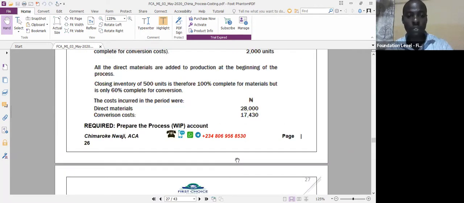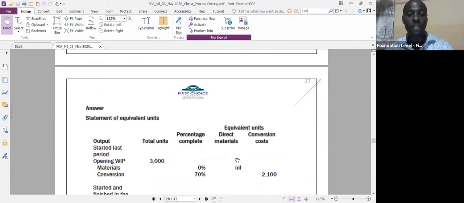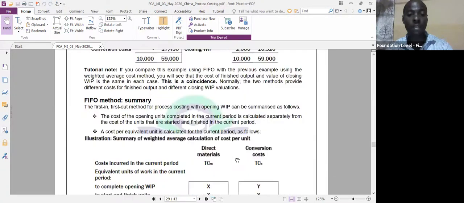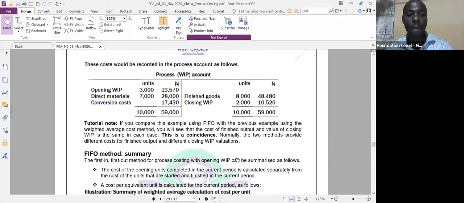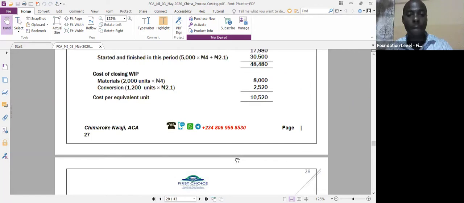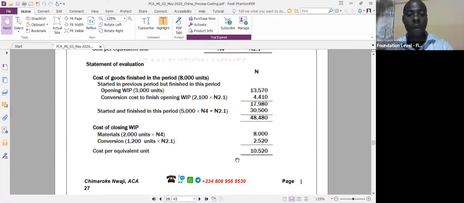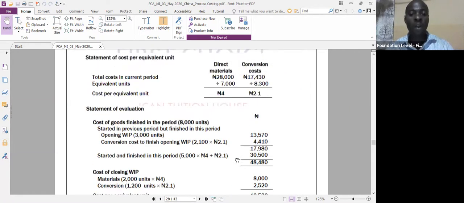It was given to us. Total cost incurred in the period, 28 and 17 for that. All right, so that's it here, 28,000, 17 for that.